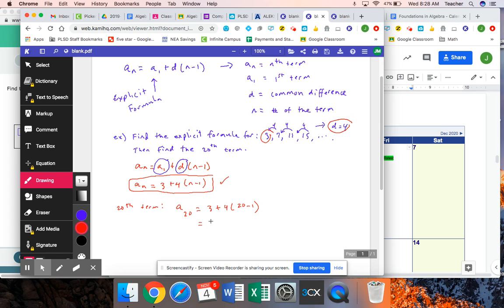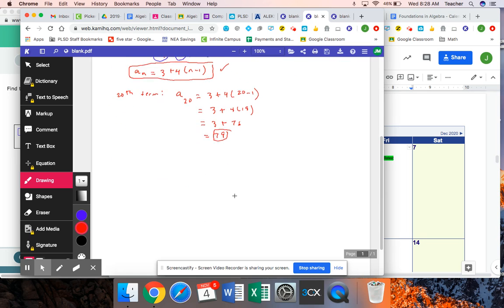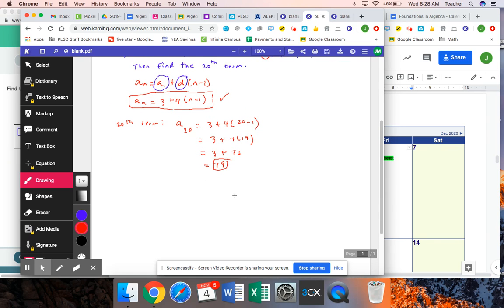Let me simplify that. 3 plus 4 times 19. 3 plus 76, I think, which is 79. If I were to write these terms out, if I continued adding 4 to the 20th number in the list, I would get 79. Okay, that's how you use the explicit formula to find another term.